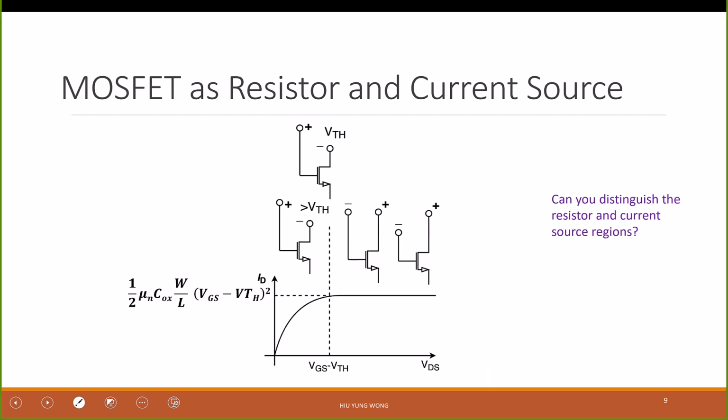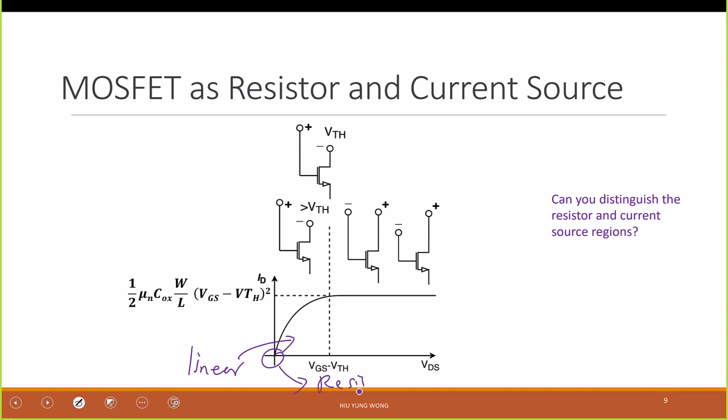So this one we already mentioned, so I won't spend time. But basically, you see that this is the linear region. And particularly at this region, you can operate it as a resistor. Right? This part is the saturation region.